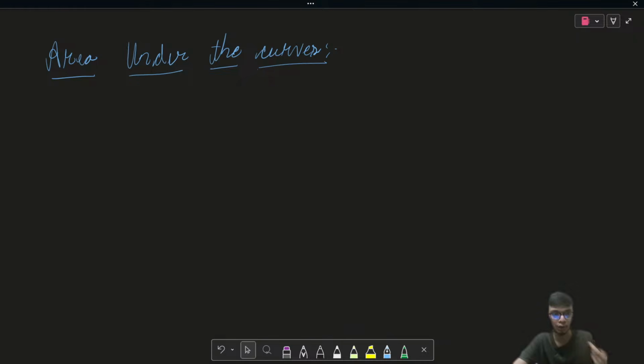Rather, I would call this topic of area under the curve nothing but simple applications of integrals. Why do I need to cover it under a specific topic? The reason is very simple.